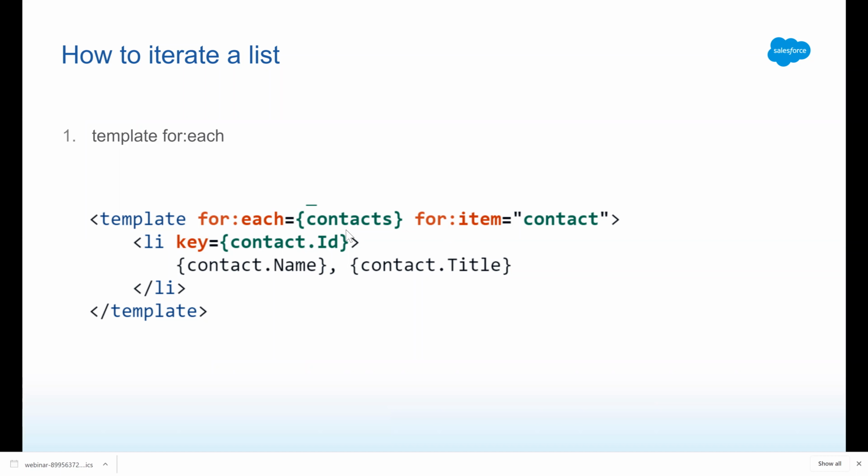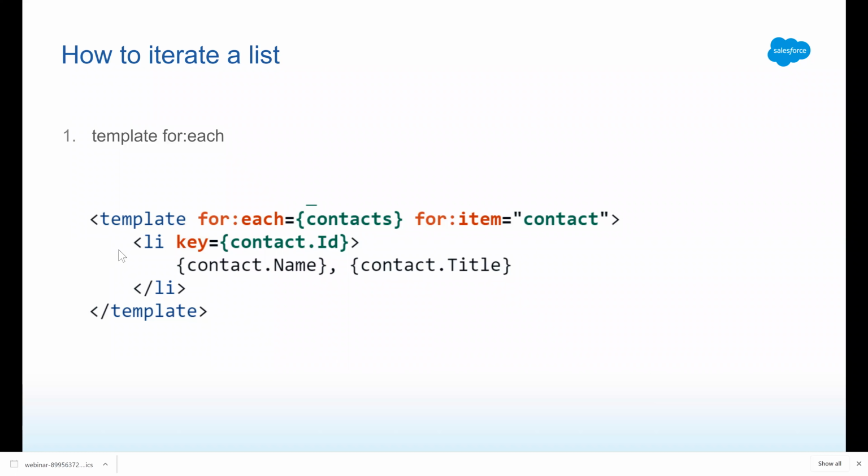Here we need to specify the list which we are going to iterate, and here we provide the name of the variable we are going to use to represent a single item in the array. It's like how we generally use i in a for loop as a variable to keep track of the current index.